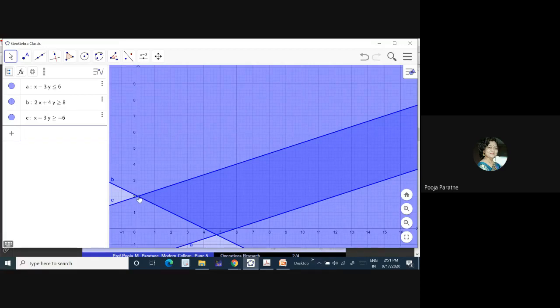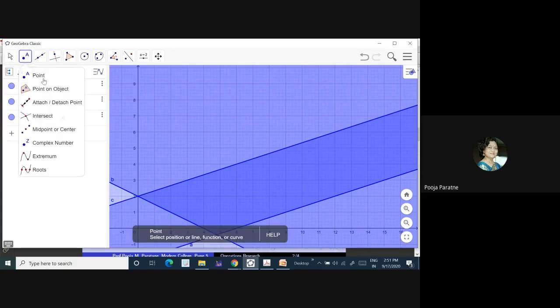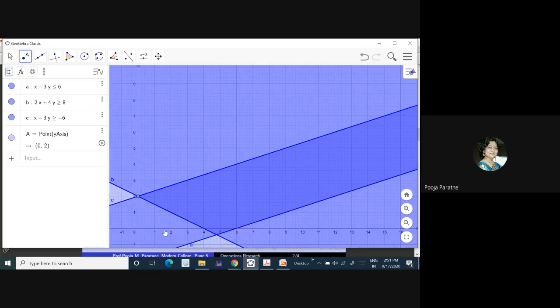And if you see the common feasible region in the first quadrant, then this triangle we will not take because it comes in the fourth quadrant. So for the common feasible region, let me plot the points of this. Here I can plot the points. This is the first point. Then I'll change the color of the point. Okay, then this is the second point, then this is the third point.